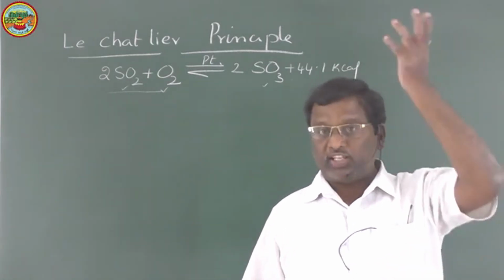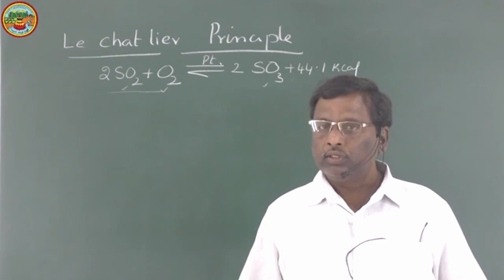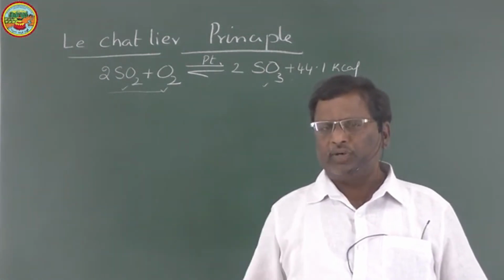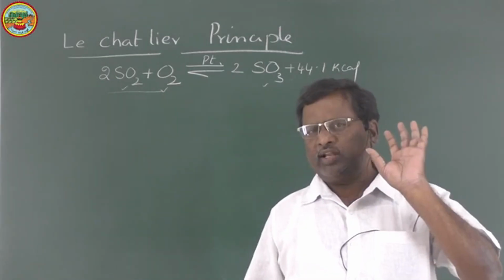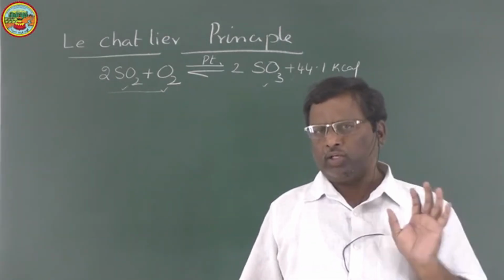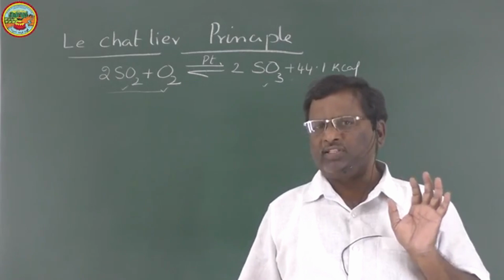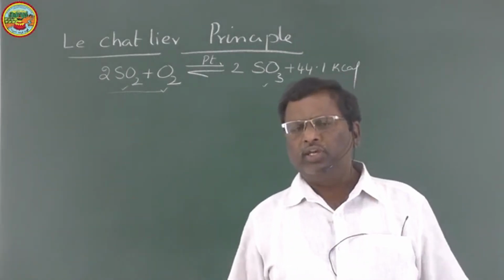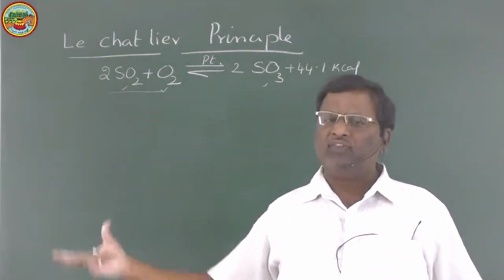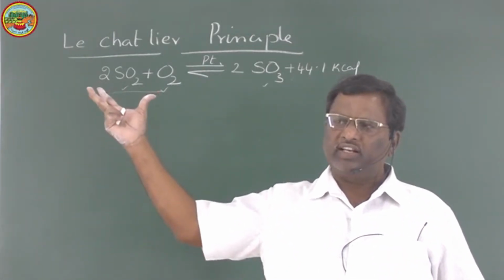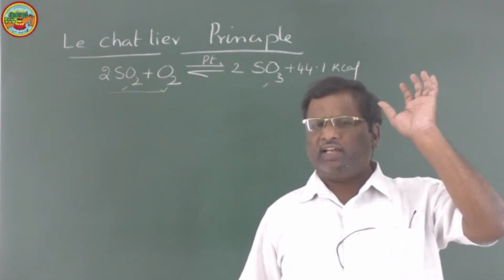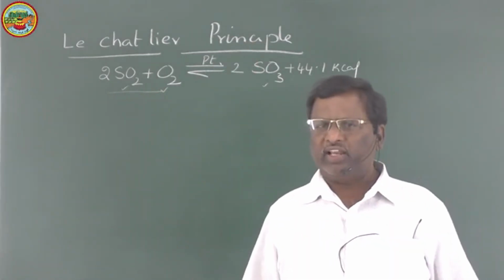For example, if you increase the concentration of SO3, according to Le-Chatelier principle, the change that you have done should be nullified or neutralized or brought to normalcy. This can be done only when SO3 decomposes to give SO2 and O2. So increase of SO2 and O2 concentrations favors forward reaction, and increase of SO3 concentration favors backward reaction.